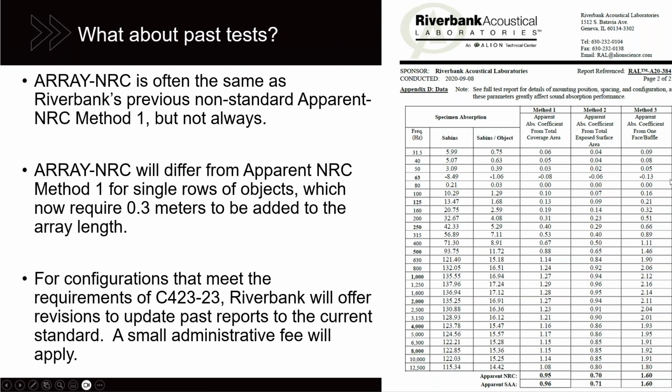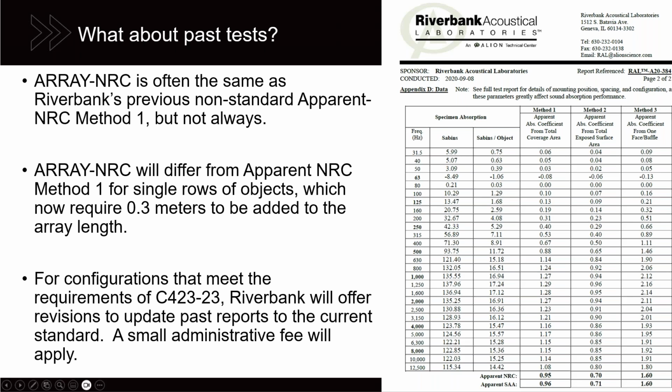Yeah, so let's say we're talking about vertical suspended baffles. ASTM has created this new rating and classification based on that horizontal area, or think of it as the area of ceiling treated by the array of baffles.